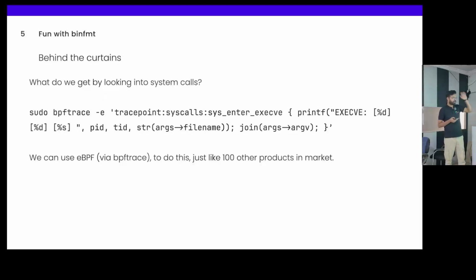So if we try to intercept the system call, and this is using BPF trace, which uses eBPF to intercept system calls, and eBPF because basically everyone in market is touting, hey, we use eBPF, now give me more money. So here goes the eBPF probe, and what I am doing is just printing PID, TID, the file name and arguments, all that stuff.